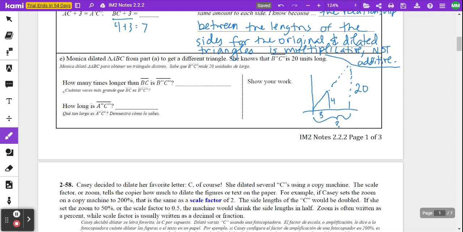Well, if this one is 20 and this one is 4, I notice that 4 times 5 equals 20. So 5 is my scale factor.